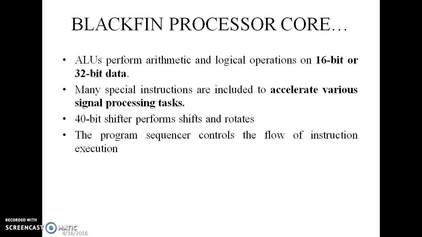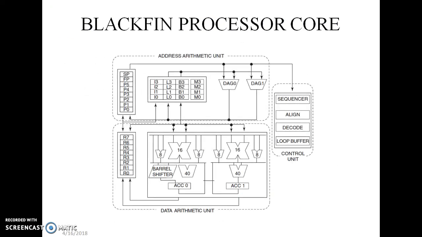The program sequencer controls the flow of instruction execution. Whatever data is manipulated in the data arithmetic unit, the corresponding address is located in the address arithmetic unit. The program sequence flow is controlled by the control unit.